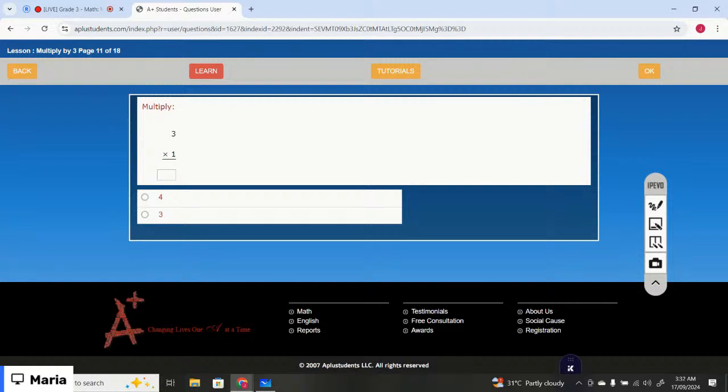Three times 1, which is the correct option? Three times 1 is 3 it is.